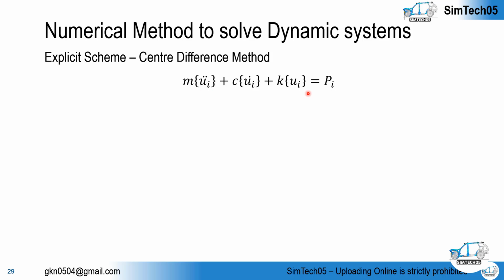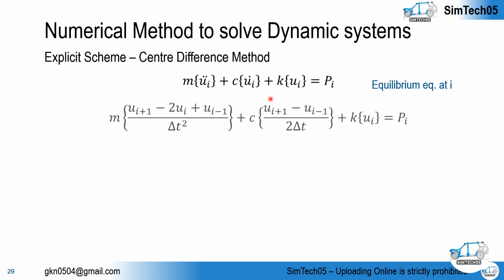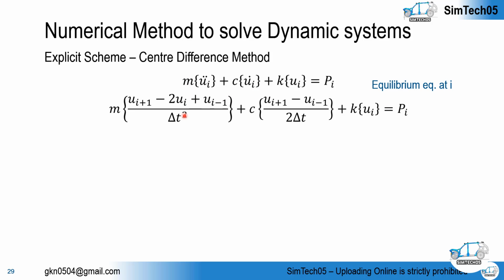Again this typical governing equation, and we will put in the u double dot and u dot values because we want to make an equation in which we have only one unknown. We just put these values, and now in this equation, earlier the unknowns were u double dot, u dot and u, or acceleration, velocity and displacement.